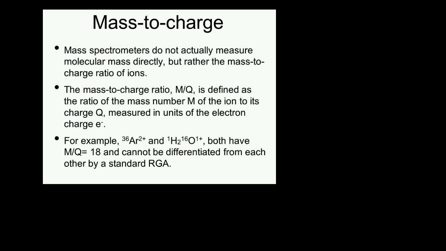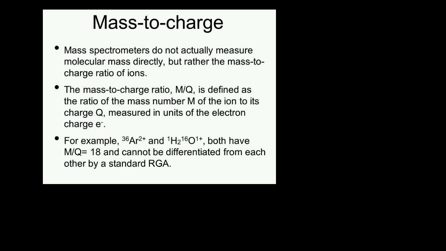Okay. So why is this concept of mass-to-charge ratio so important? It's very, very simple. Imagine you take a water molecule, which has hydrogen and oxygen. The combined mass number is 18, and we have an ion with a single charge. The mass-to-charge ratio for that species is 18.